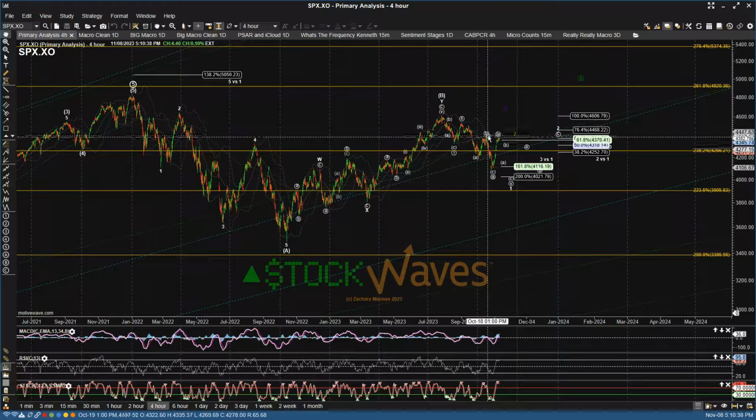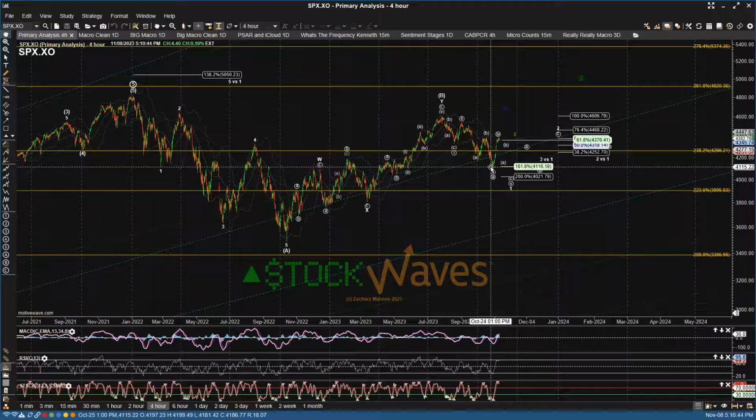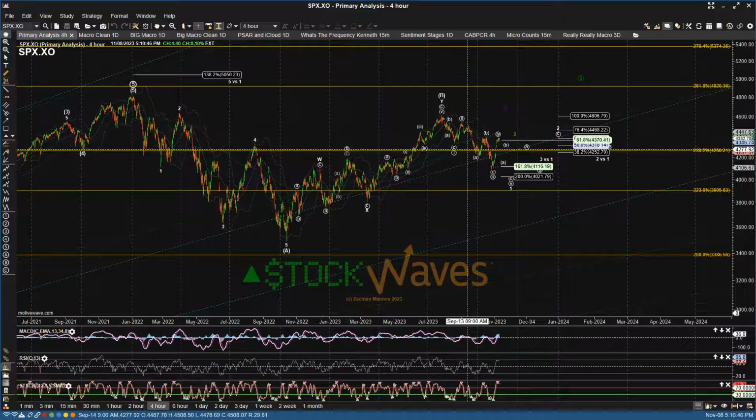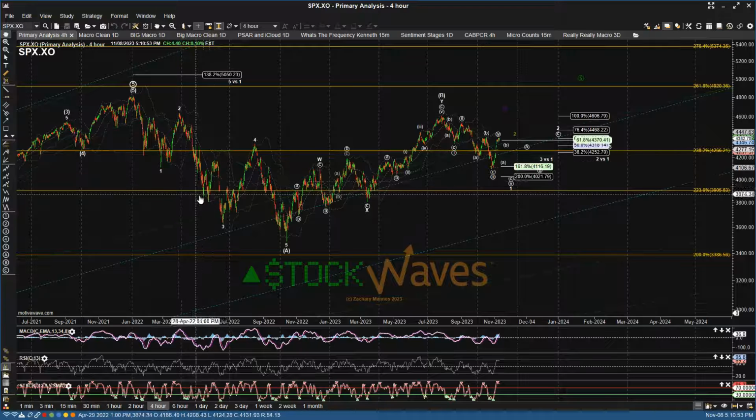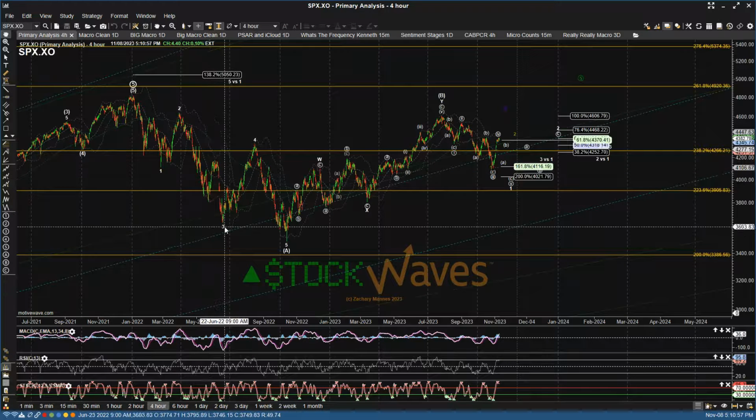So I think this little jog here could count as a fourth wave in 1, 2, 3, 4, 5 waves down off of the July high, I think is actually the B wave of the third. And that I think corresponds to this little jog right here, which is higher than an ideal fourth of a 5 wave down wave 3.